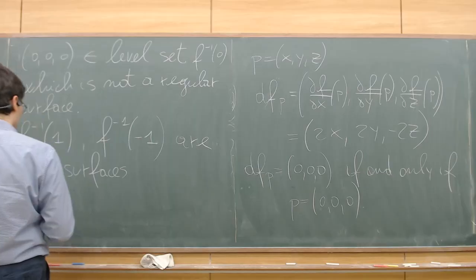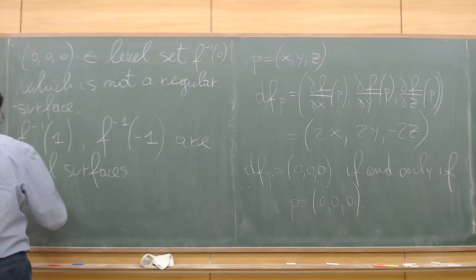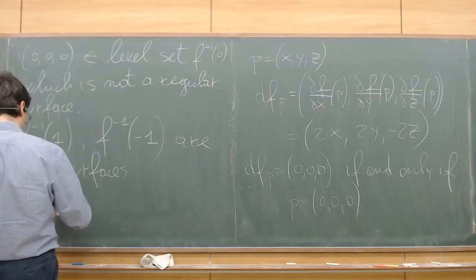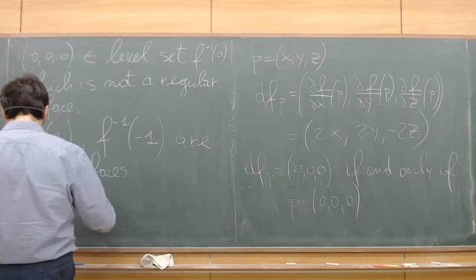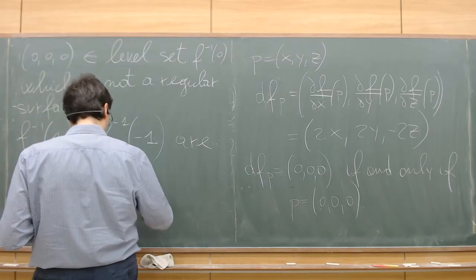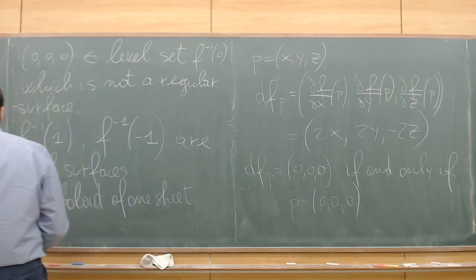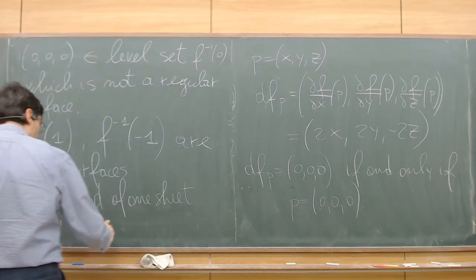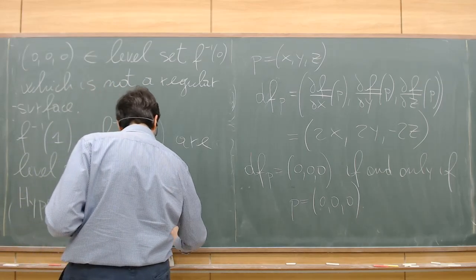Precisely, they are known as the hyperboloid of one sheet and the hyperboloid of two sheets respectively.